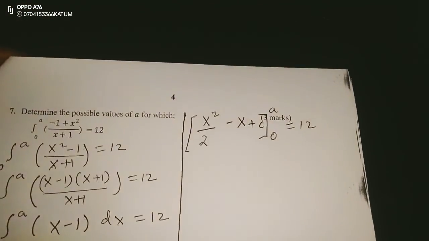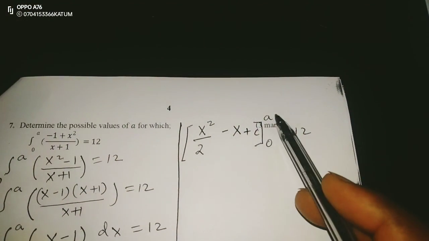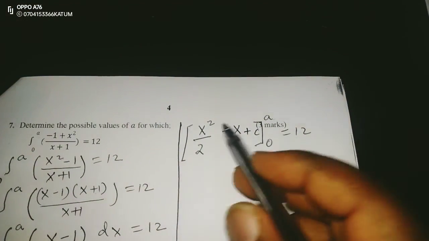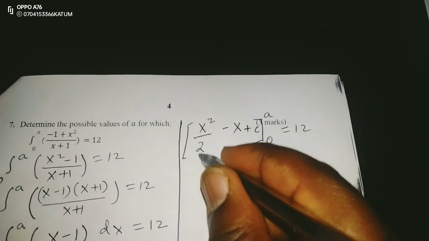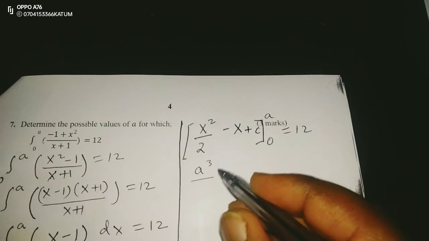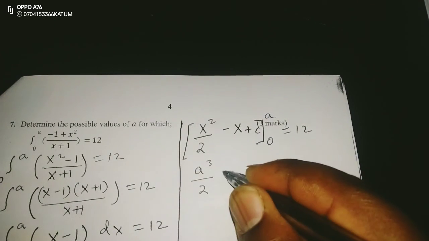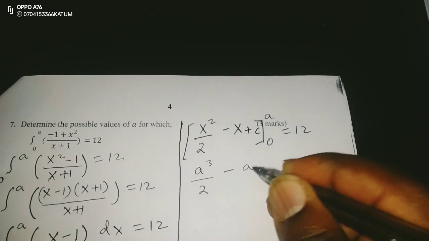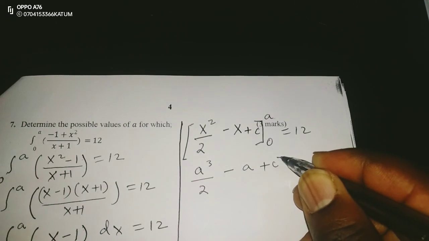Then now we can start substituting. We can begin by substituting a, so that where we have x, we put a. So now we'll have a squared out of 2 minus a plus c.